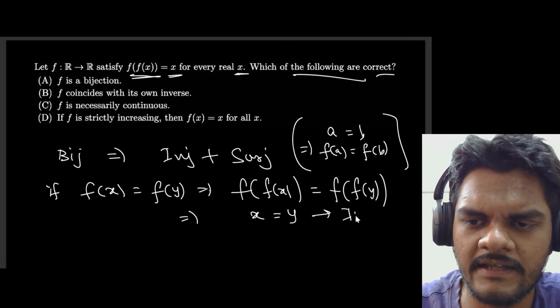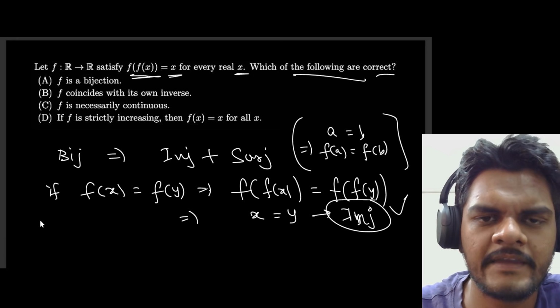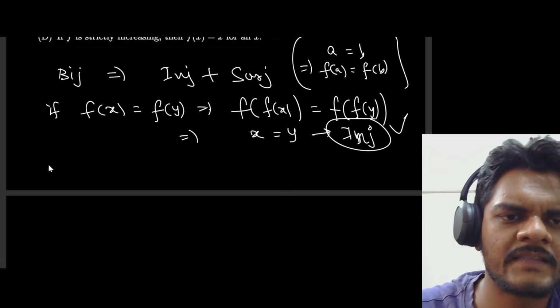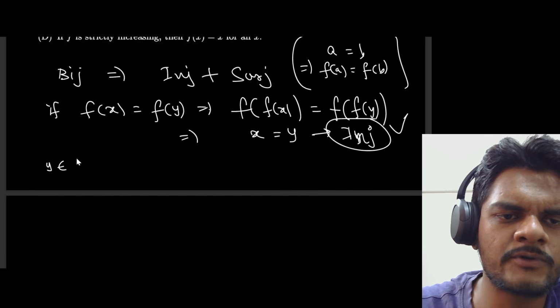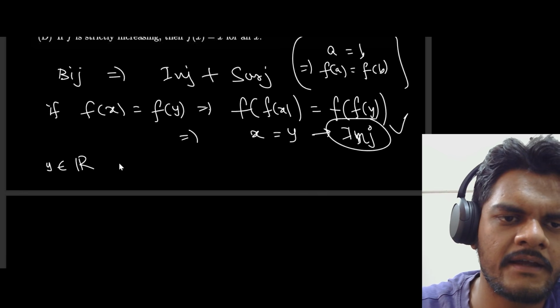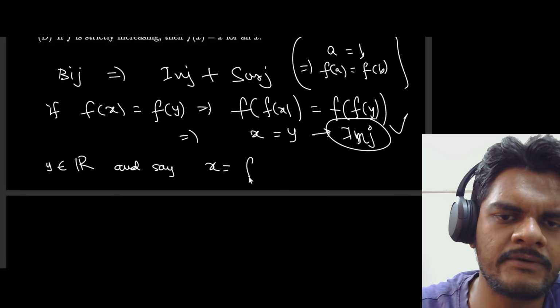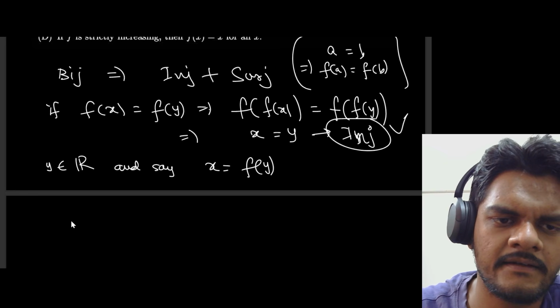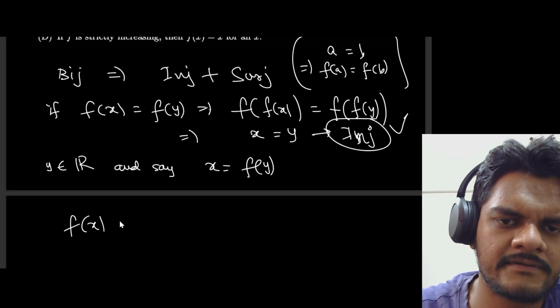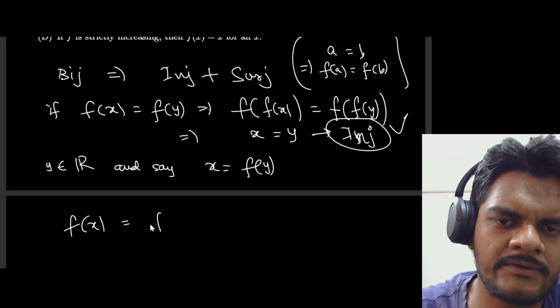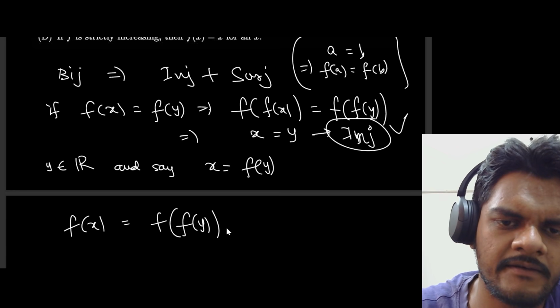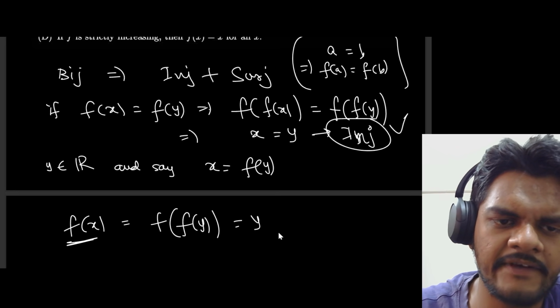So injectivity is holding, no problem. Now let's say we take y from the codomain R and say x is equal to f of y. What is f of x? F of x is equal to f of f of y, which is y. F of x is equal to y.